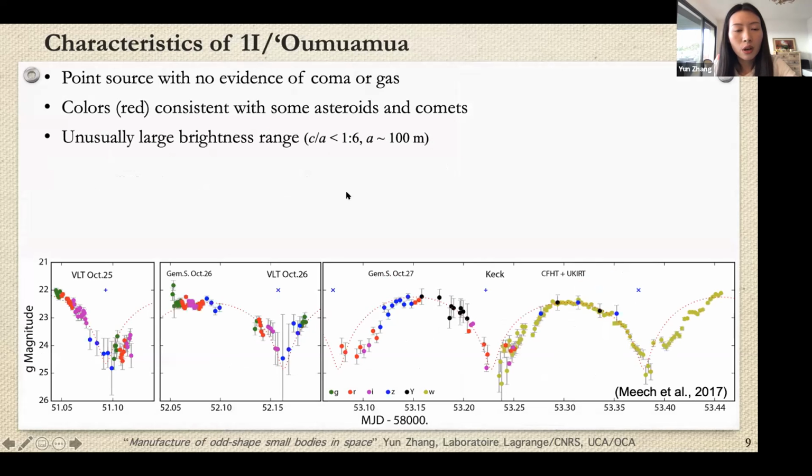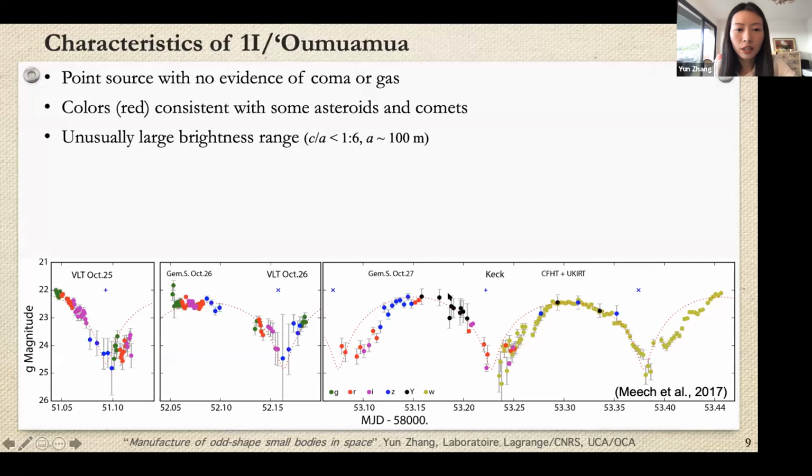Also, its brightness range was unusually large. Its light curve has a narrow V-shaped minimum and a broad maximum, which indicates that these large brightness variations are caused by its shape and rotation, not variation in its surface albedo.